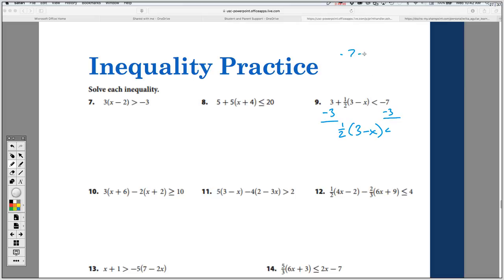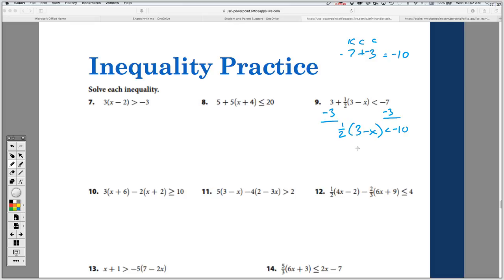Alright, so I'm going to put this to the side. Don't copy this yet, because I'm going to show you how this way is a lot harder. There's another trick. Then you would have to subtract the 3 over 2 on both sides.